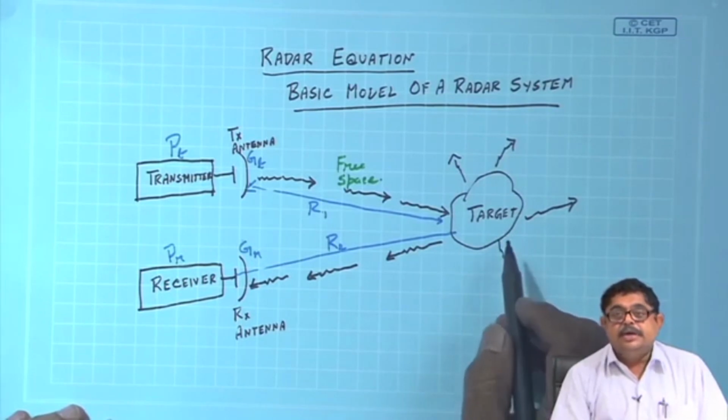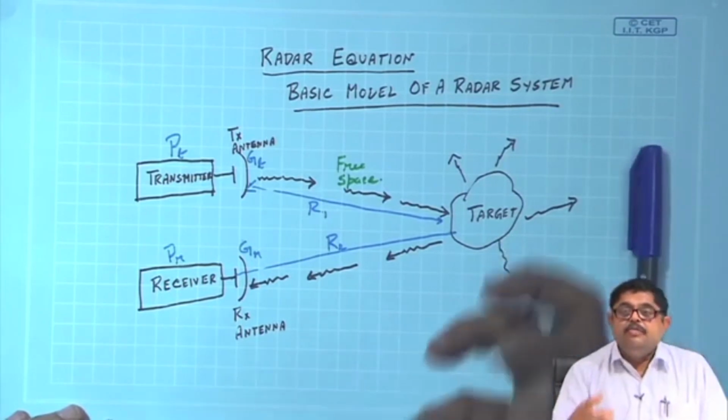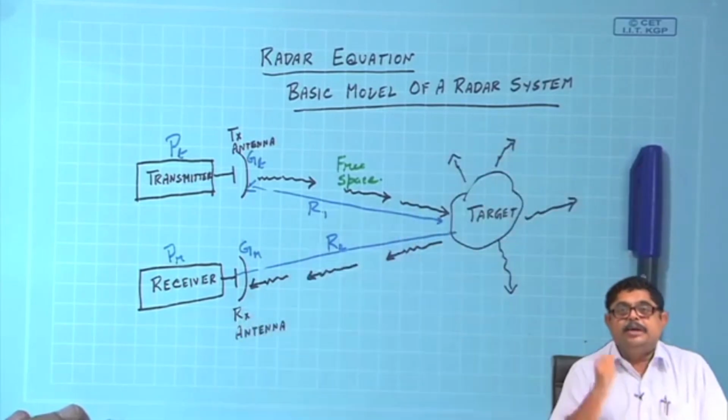Radar cross section is some equivalent electrical area of the target.